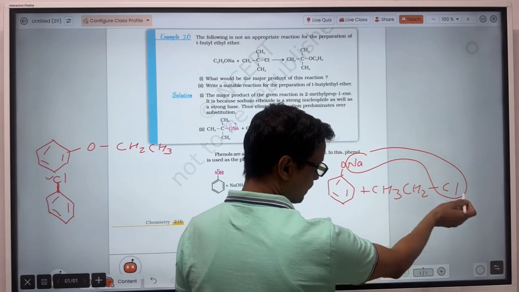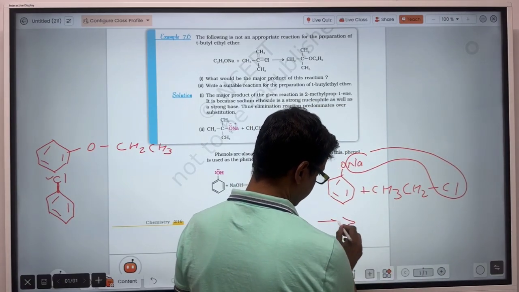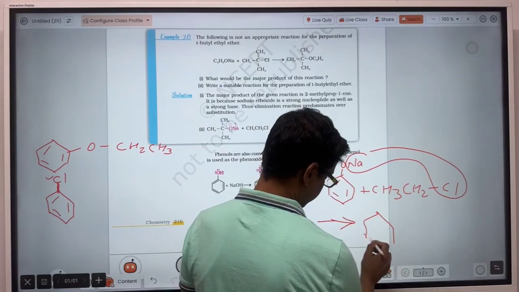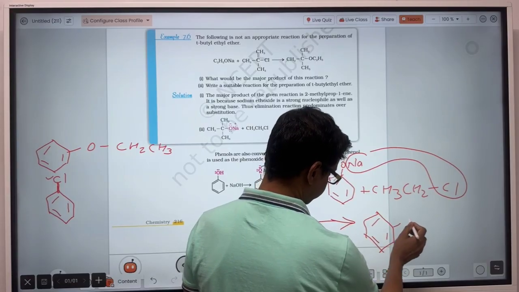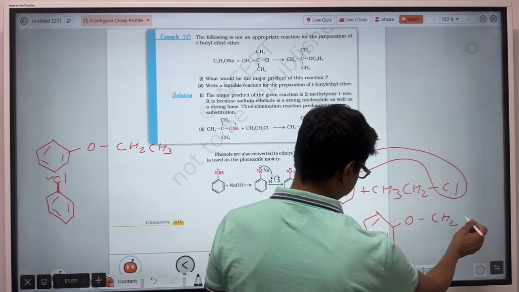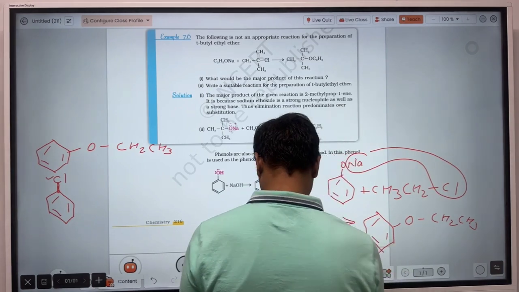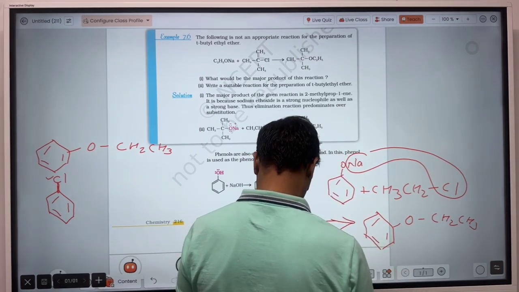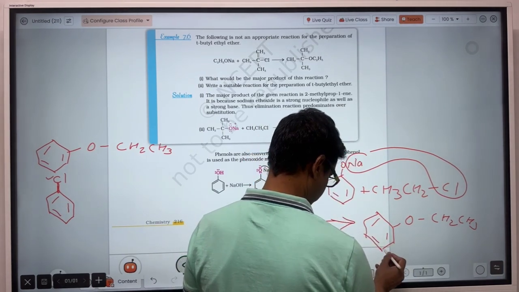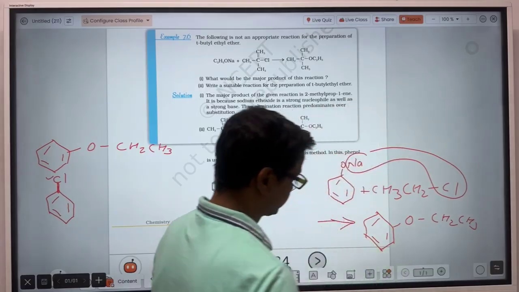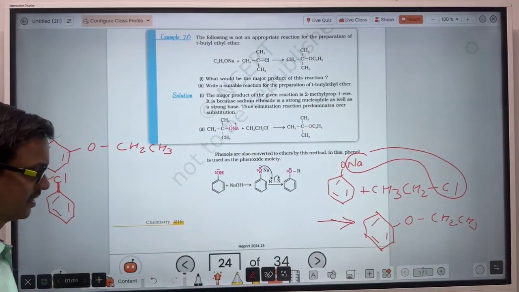So here sodium will combine with this chlorine, form NaCl, and there will be formation of this ether. Okay, so that is here.